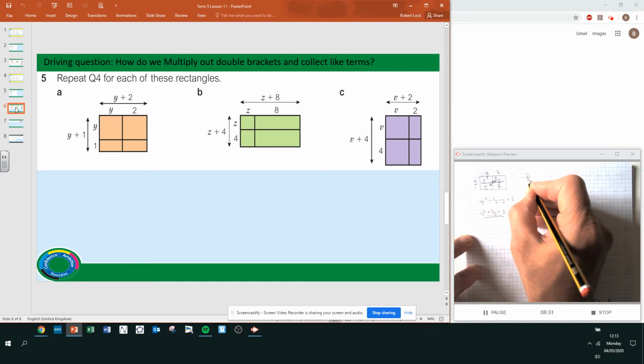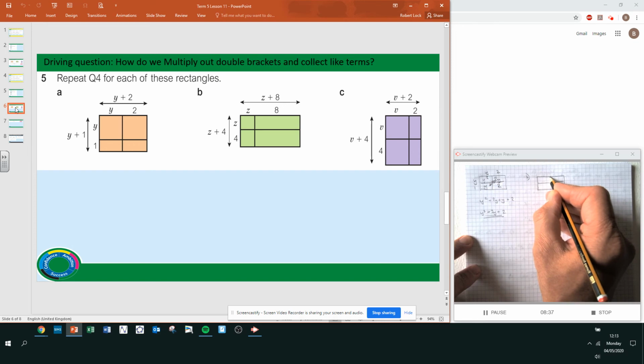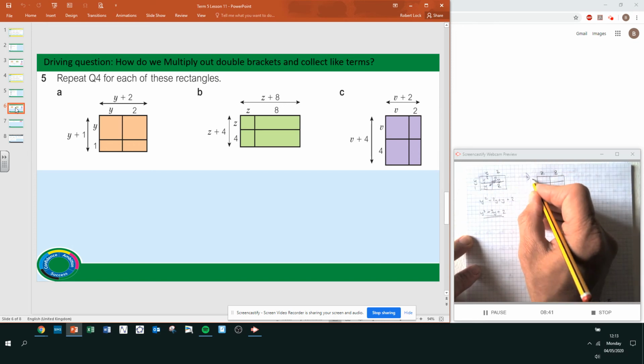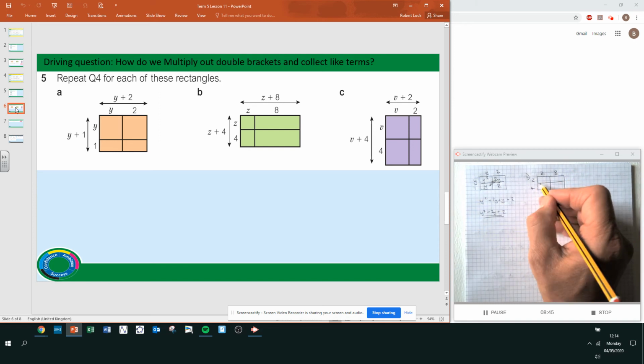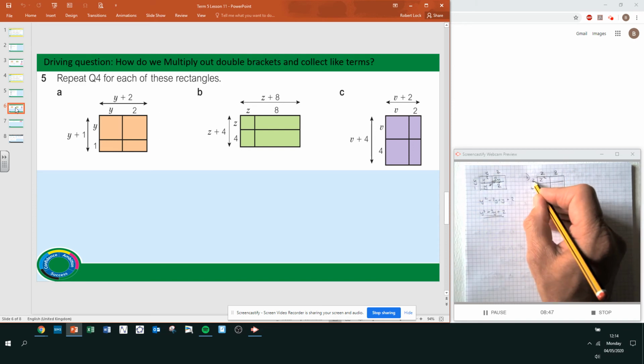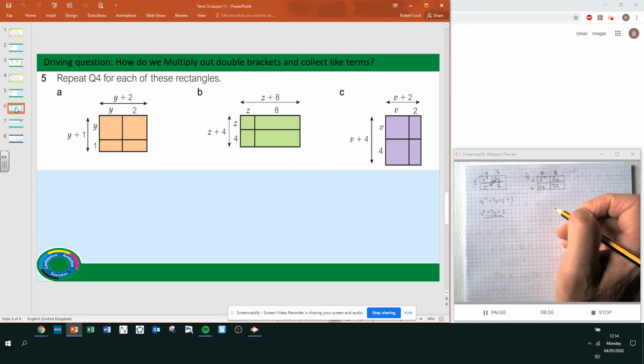B. So we've got z plus 8 and z plus 4. Z times z is z squared. Z times 8 is 8z. Z times 4 is 4z. And 4 times 8 is 32.